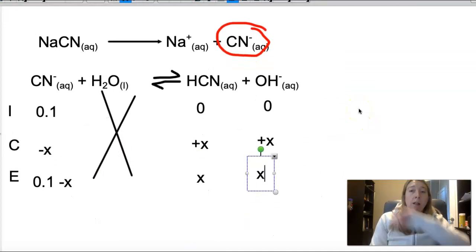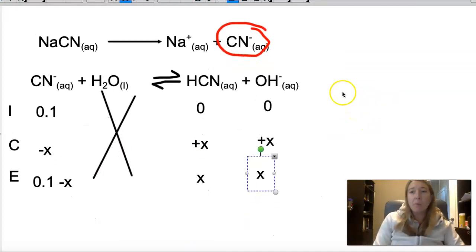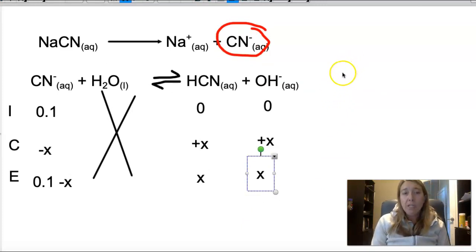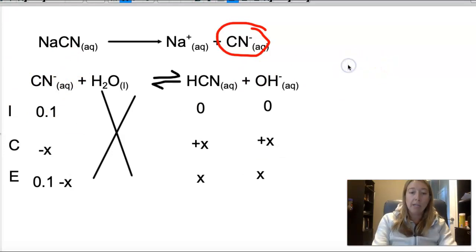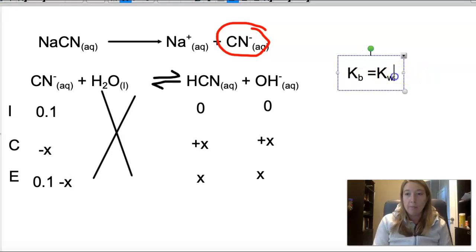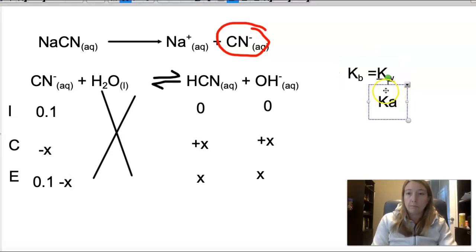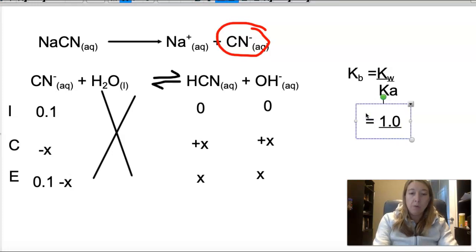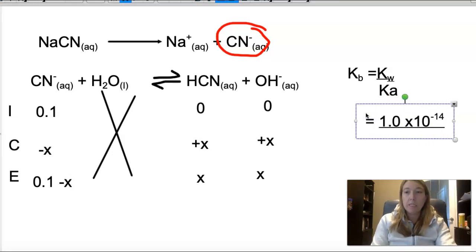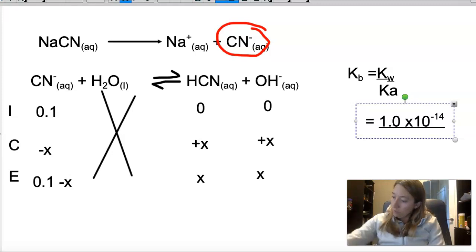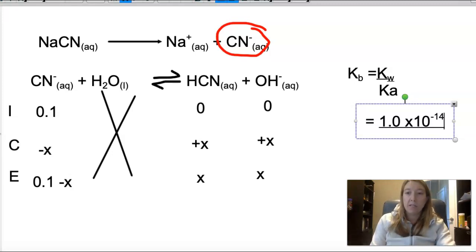We've now set that up. We need to get the Kb for the cyanide ion. The way we're going to get the Kb is Kw divided by the Ka. So we're going to have our 1.0 times 10 to the negative 14, and cyanide is 6.2 times 10 to the negative 10.